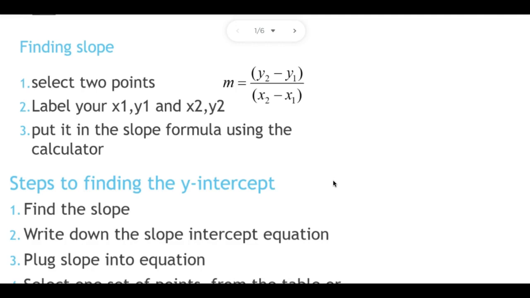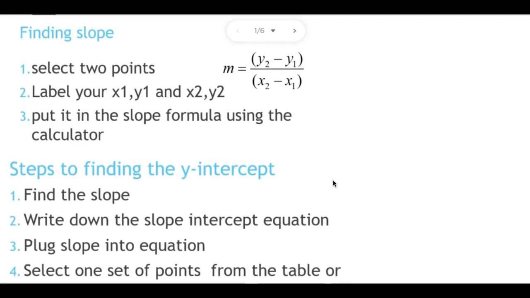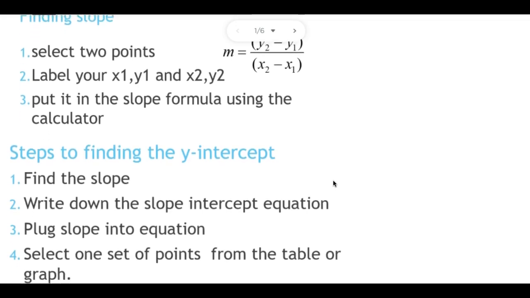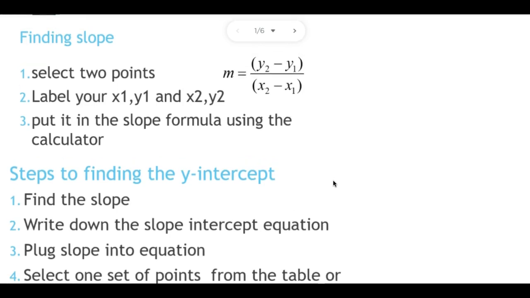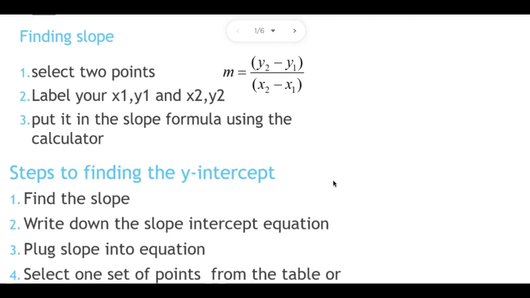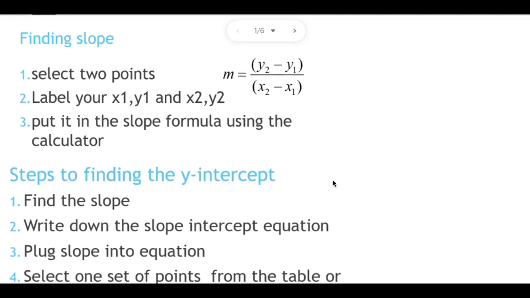The reason I have that first is because the first step to finding the y-intercept is to find the slope. And we should be fine on finding the slope because we did that in our previous lesson. I have these points available for you if you need them, and I'm going to use these exact points as I demonstrate. But what I want you to do first is pause the video and jot down the steps for finding the slope.